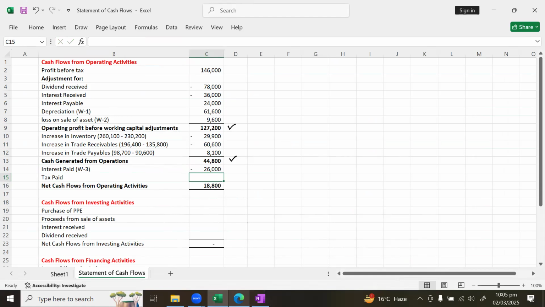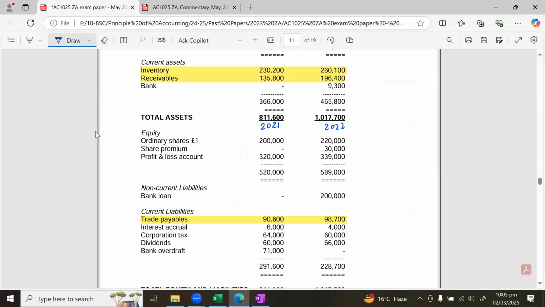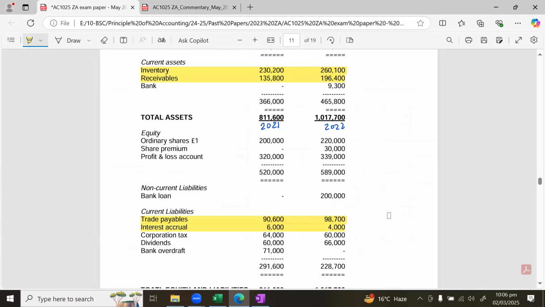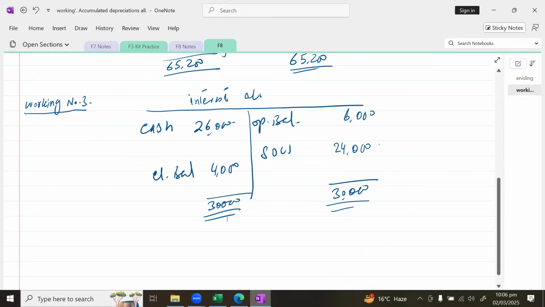Okay. Same working for taxation. Corporation tax working 4.